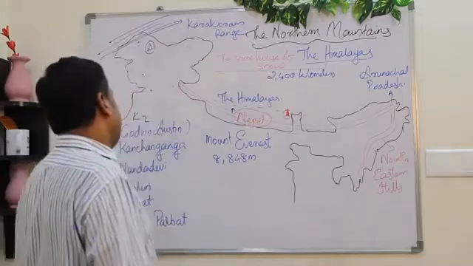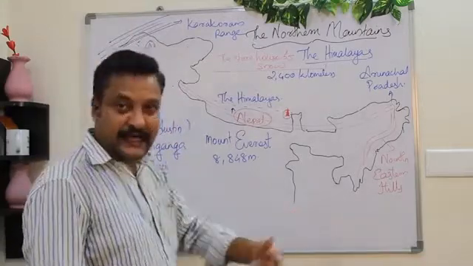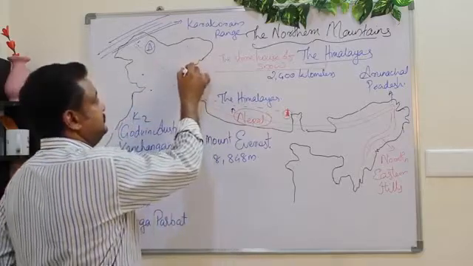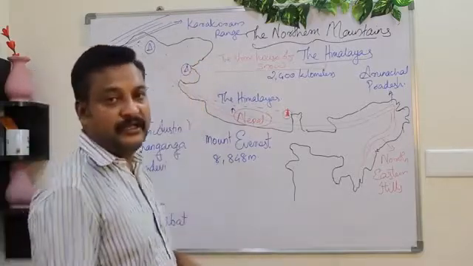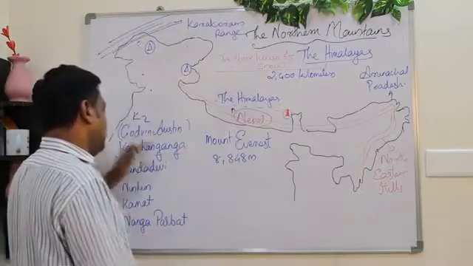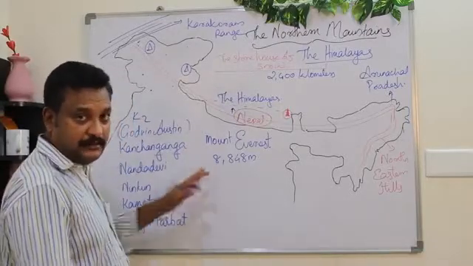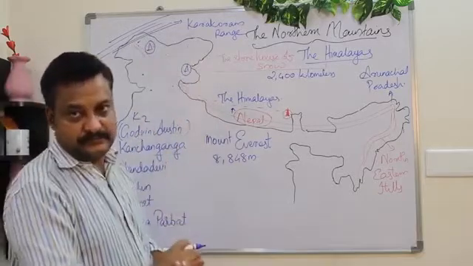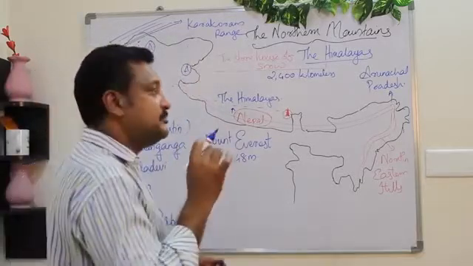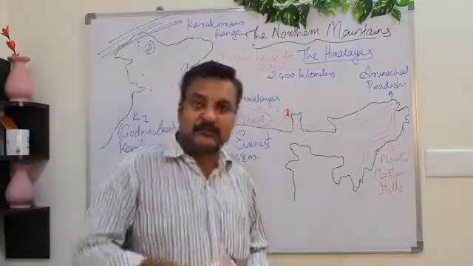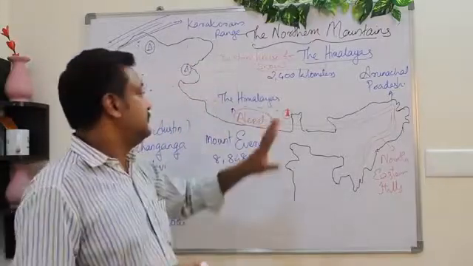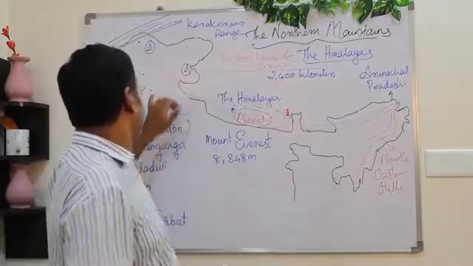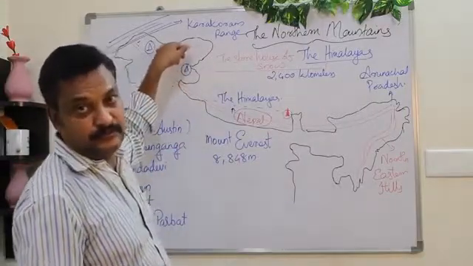Okay, the other highest peaks, Kanchenjunga is the second highest peak. Kanchenjunga comes here. The other peaks in India are scattered in this region. So the highest peak in the world is Mount Everest, which is in Nepal. The highest peak in India is K2 or Godwin Austen in Jammu and Kashmir.